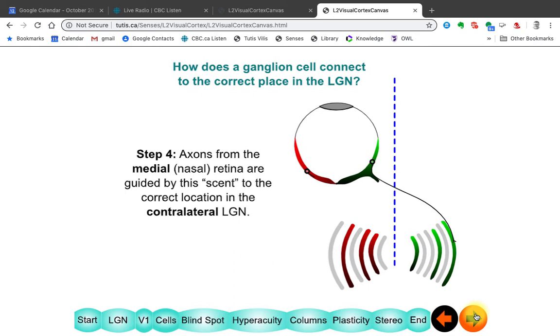So first, cells from the medial side of the eye start developing, and they're the ones that cross, and they go to specific parts of the LGN that they're looking for. This shade of green heads for a part of the LGN with the same shade of green.